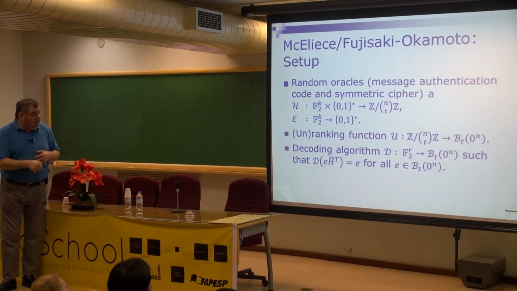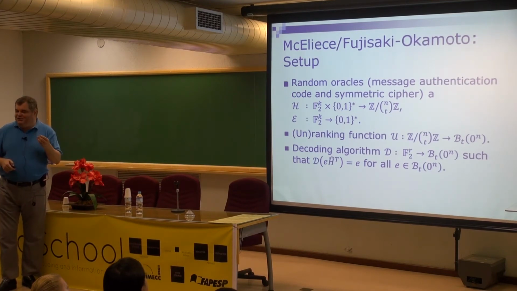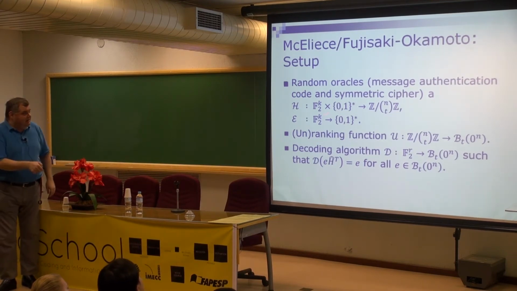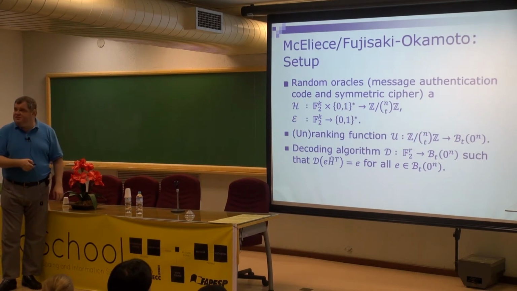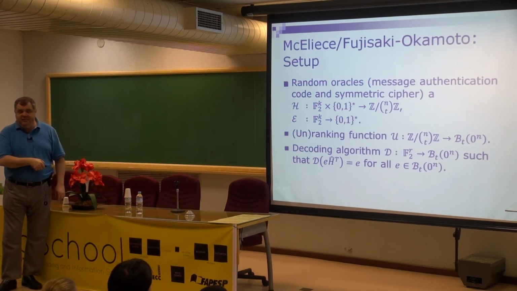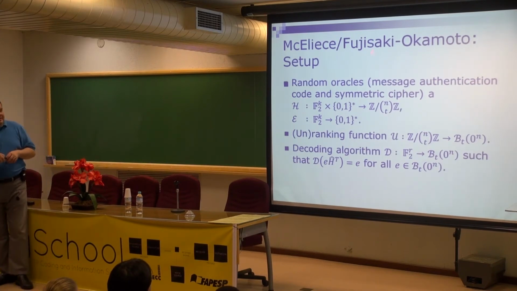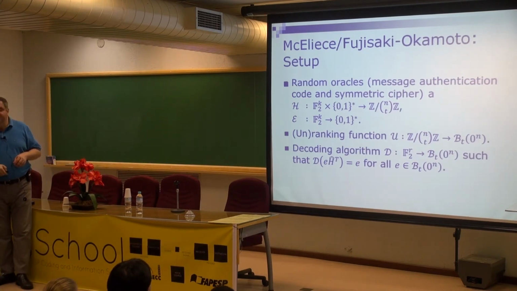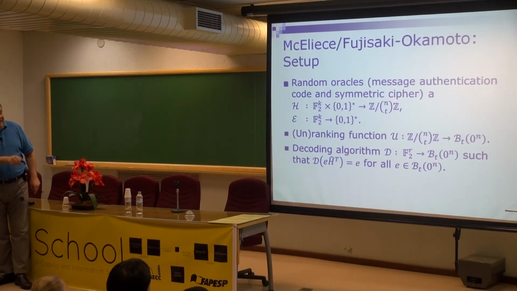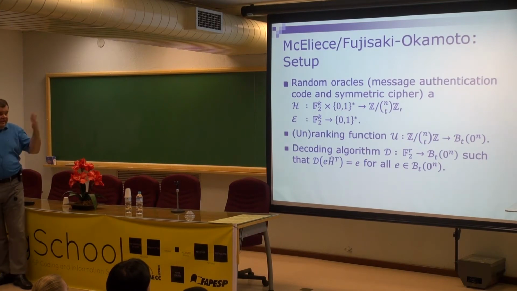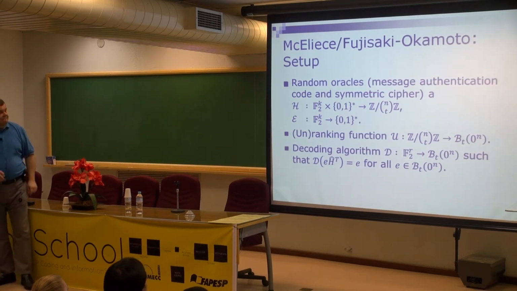But here, what we have is a function that takes one linear combination that gives a code word plus a message, a random sequence of bits, and produces an integer mod n choose t. This is the number of error patterns of length n and Hamming weight t. It's a combination of n, t by t.